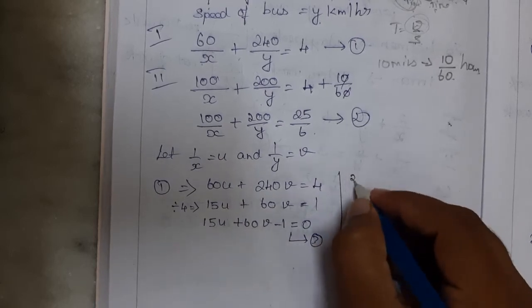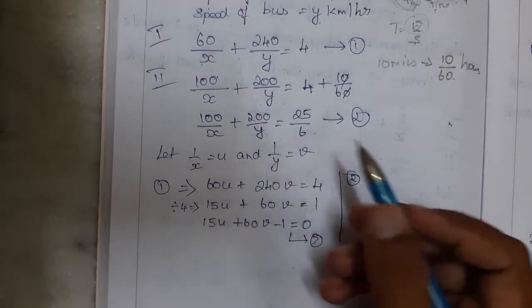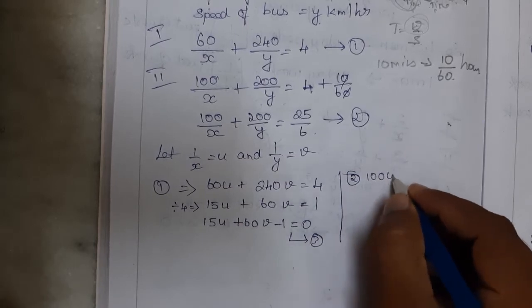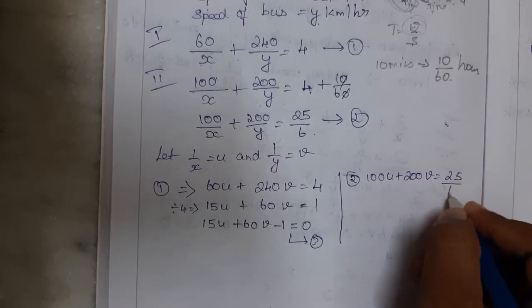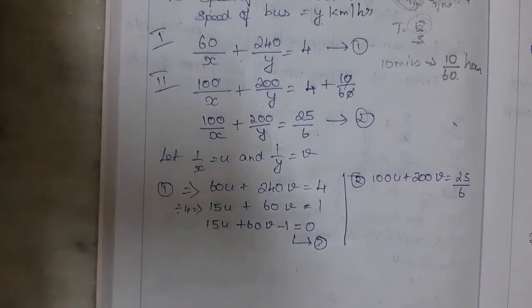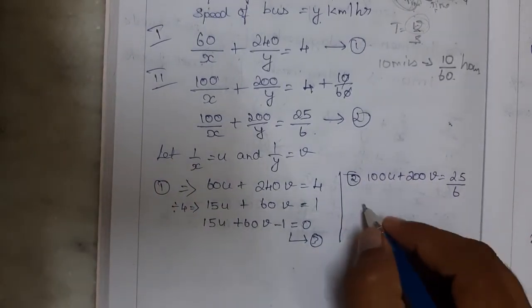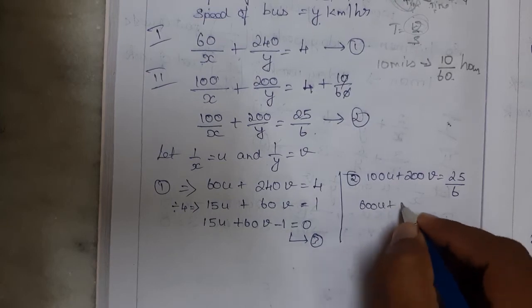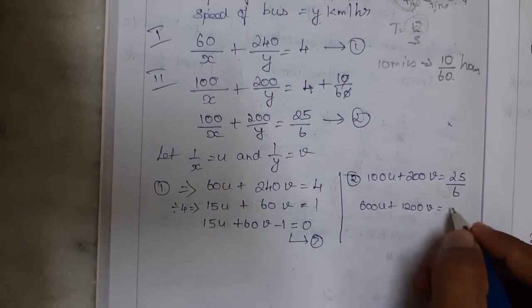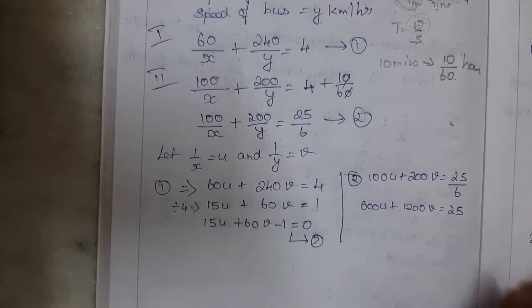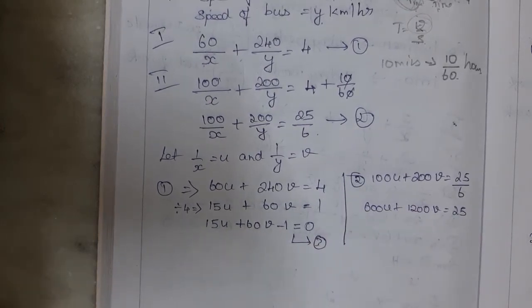So let me consider the second equation. Let me substitute u and v. 100u plus 200v is equal to 25 by 6. So I will multiply by 6, it will become 600u plus 1200v is equal to 25. Everything can be divided by 25, right?